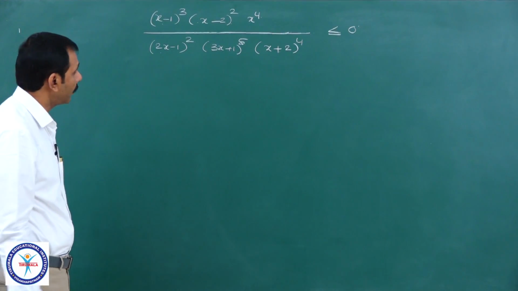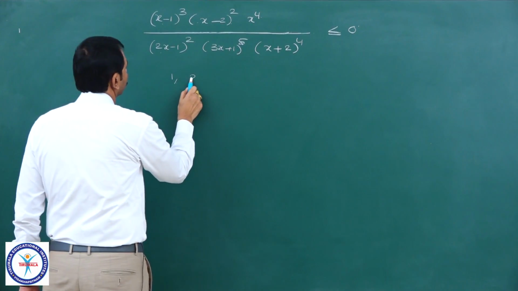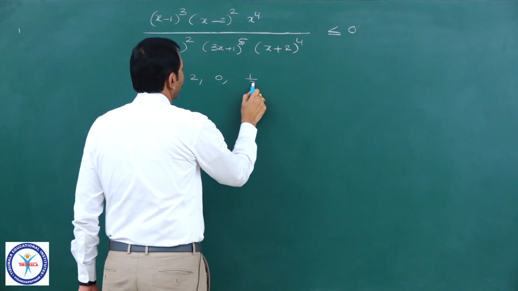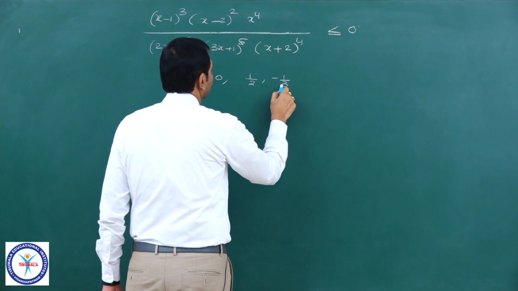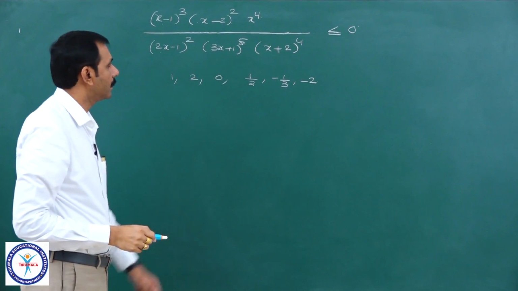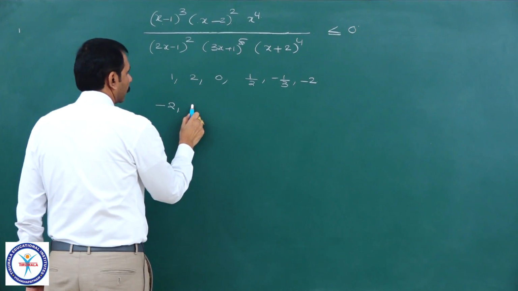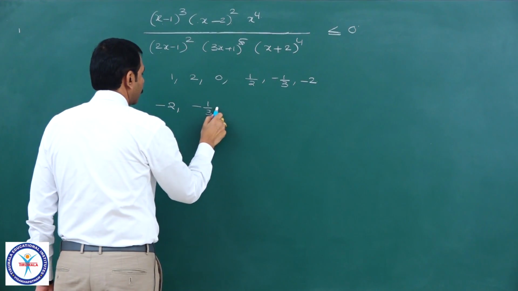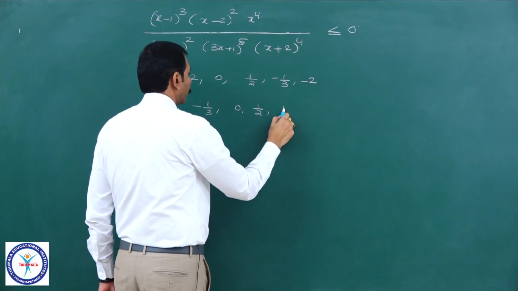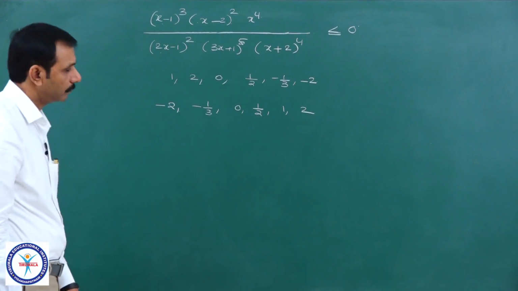First let us write the zeros. Numerator: 1, 2, 0. Denominator: 1 by 2, minus 1 by 3, minus 2. First let me write them in increasing order: minus 2, minus 1 by 3, 0, 1 by 2, 1 and 2. Yes, 6 zeros are there, 3 and 3.